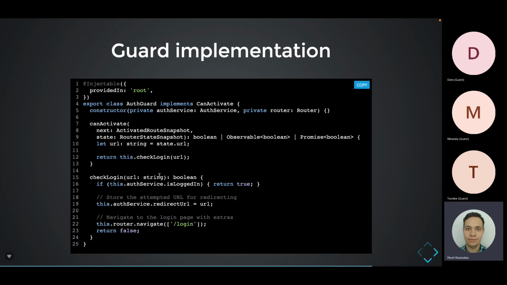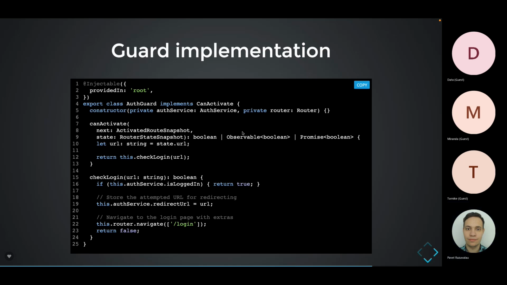For now, we need to get deeper into details of how the guard looks like. This is the service that implements the CanActivate interface and has the method canActivate that returns some values. It could be the Boolean itself, or it could be any other asynchronous object, whether a promise or observable.